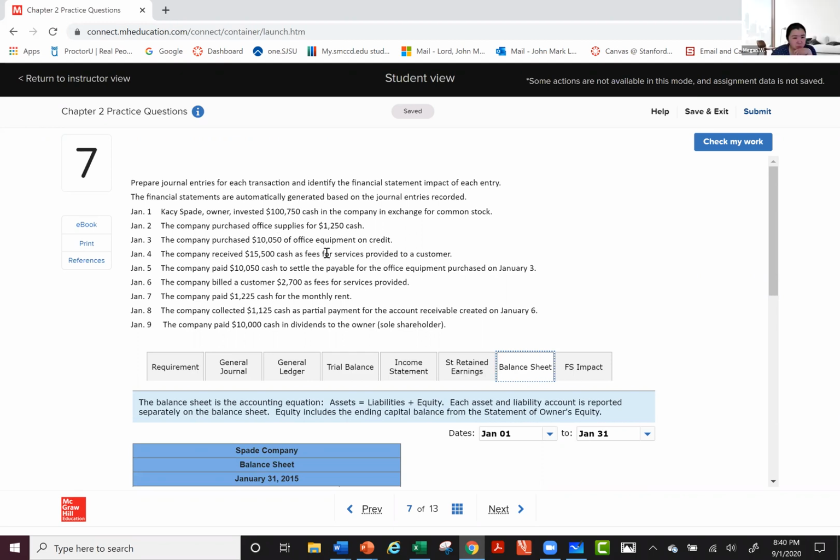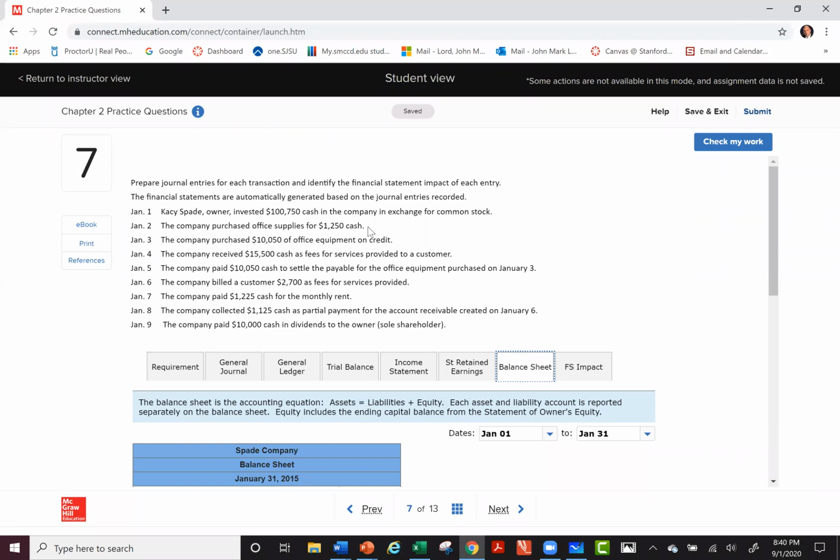Okay, so in this case, basically, we recognize it as we spent 1,250 cash, and then we got office supplies as an asset.